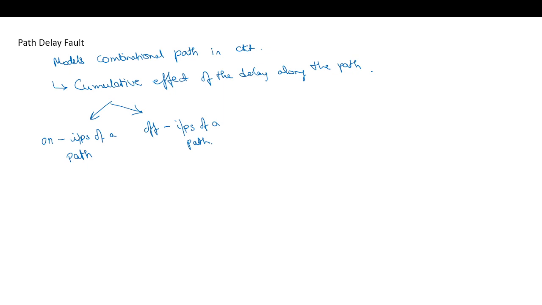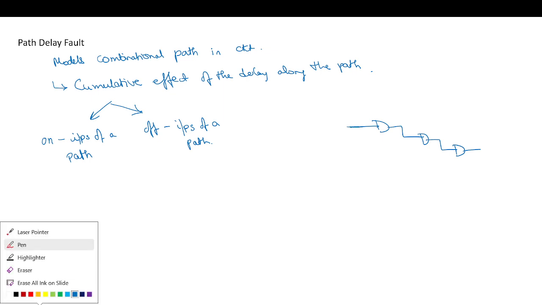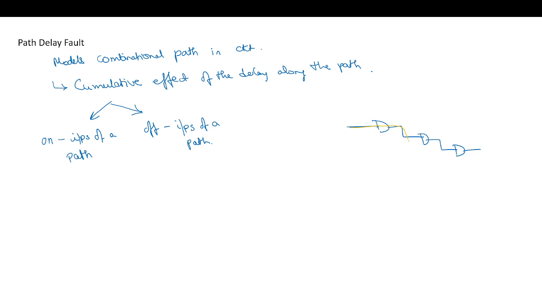A transition is launched at the start of the path, and the test must propagate the transition to the end of the path. So if you have some circuit like this, and we say that this is one path, a transition must be launched here and must be propagated to the output.